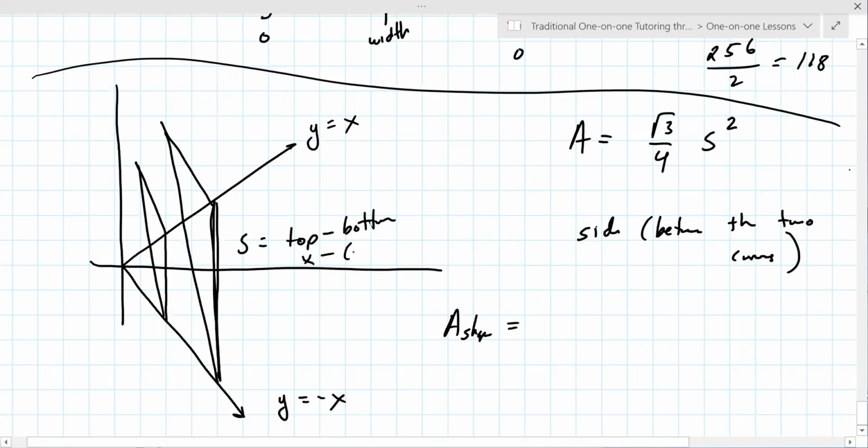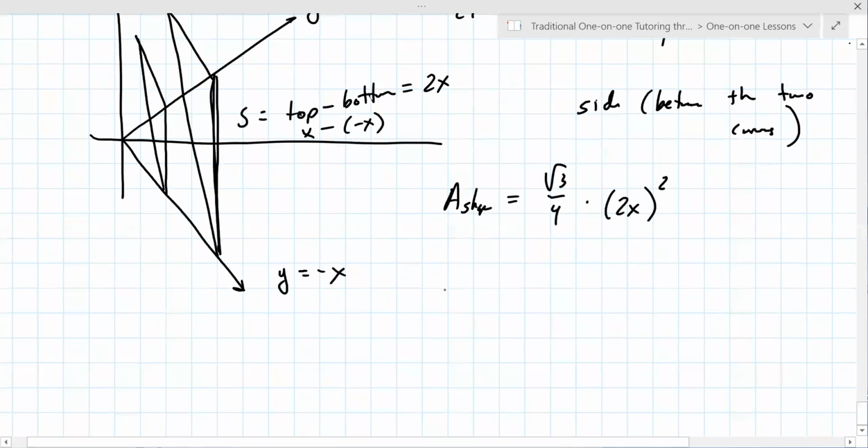It's x minus negative x, so it's 2x. So the side is 2x, and because they're equilateral triangles, the area is the square root of 3 over 4 times 2x squared for each one of these triangles.